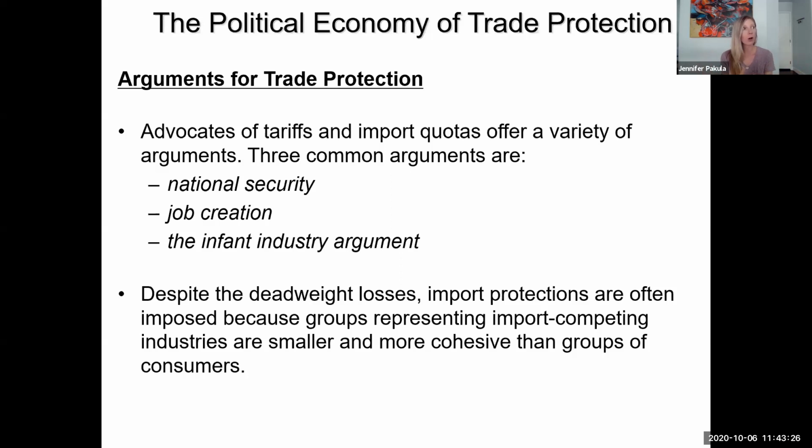Consumers as a collective whole, we're not organized people. Getting all of us organized to be able to say no tariffs because it's going to cause the price to go up and the quantity to go down is much more difficult. But when a small group is being hurt, it's a lot easier for them to coordinate and to change policy that protects their industry.